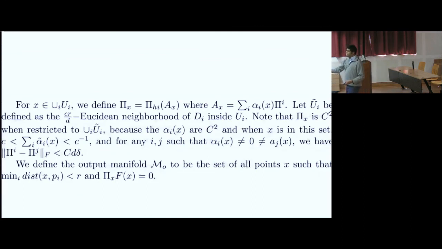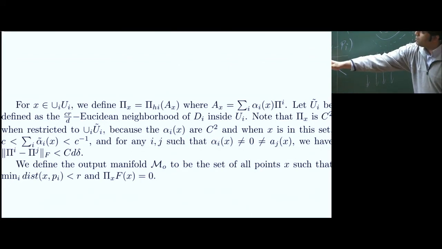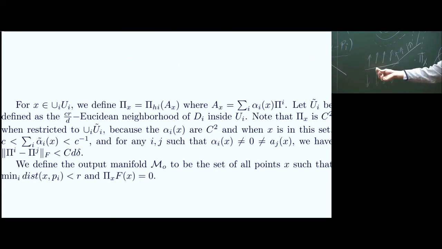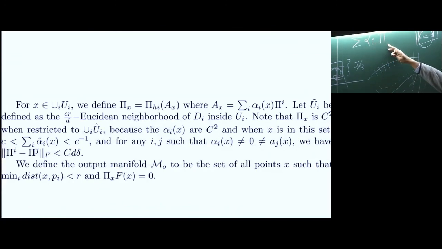At every point x, you define a pi_x obtained by mixing together the different pi_i. These pi_i are projections onto the orthocomplements of the disks, but they change with position. How do you mix these together? You like to say it is the summation of alpha_i pi_i. Unfortunately, this map is no longer a projection because typically it has lots of non-zero eigenvalues.